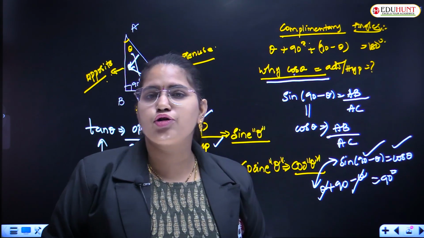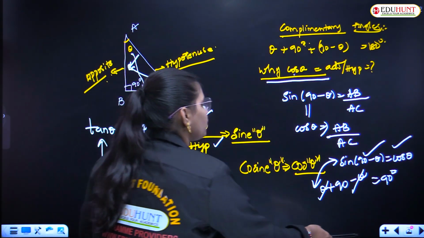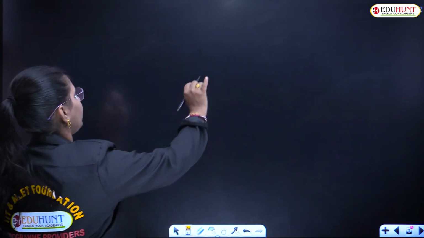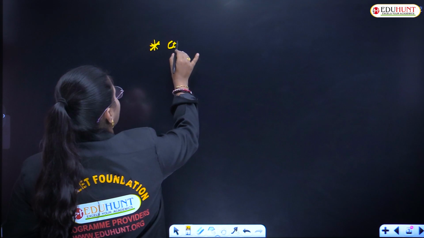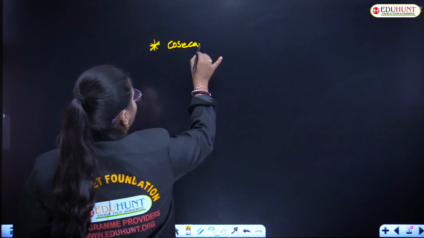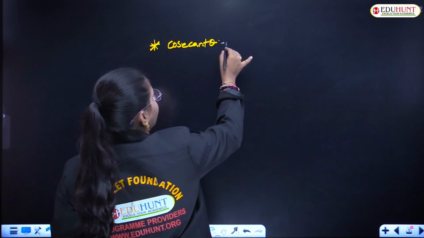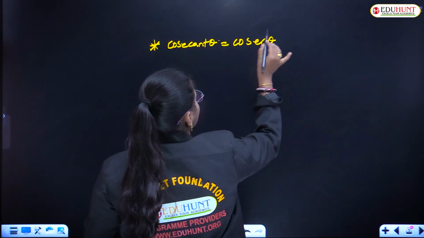So we are left with three other trigonometric ratio functions. What are the other three? We have the trigonometric ratio cosecant theta, which in short we read as cosec theta.